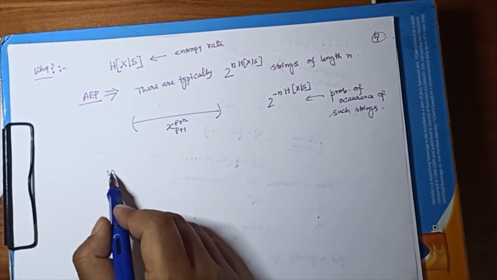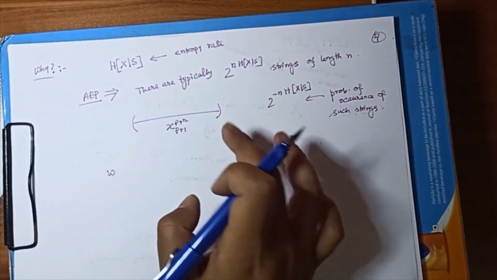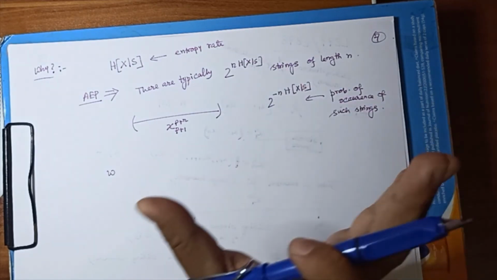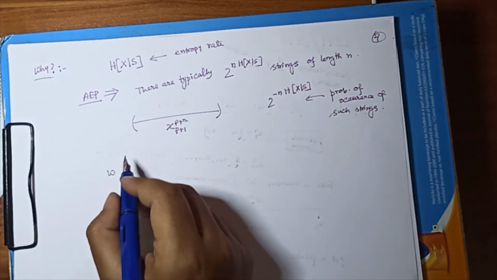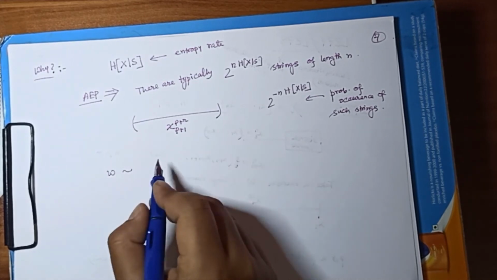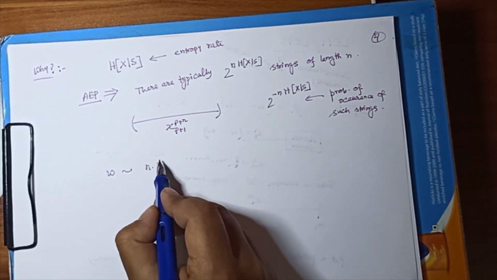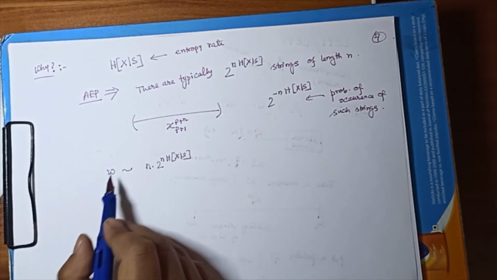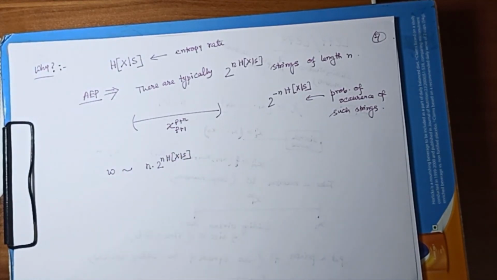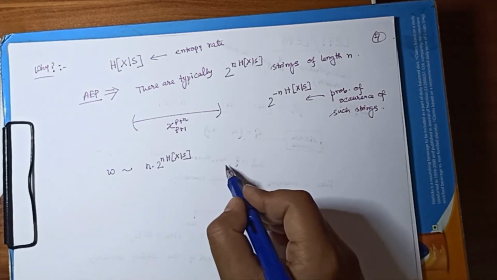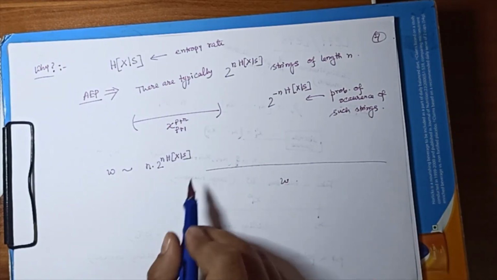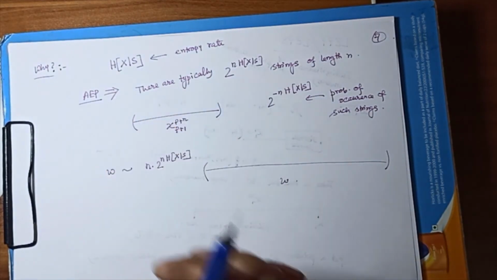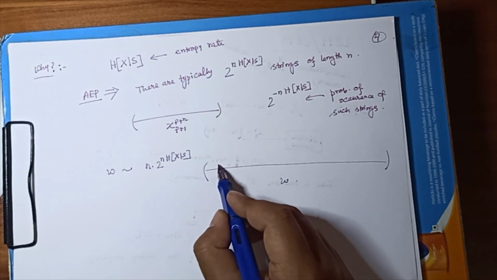For 2 to the power n H number of strings to appear within that w, w has to be of the order of n times 2 to the power n H(X given S). If w is of this order, then you can expect that within this length, all the typical sequences appear.